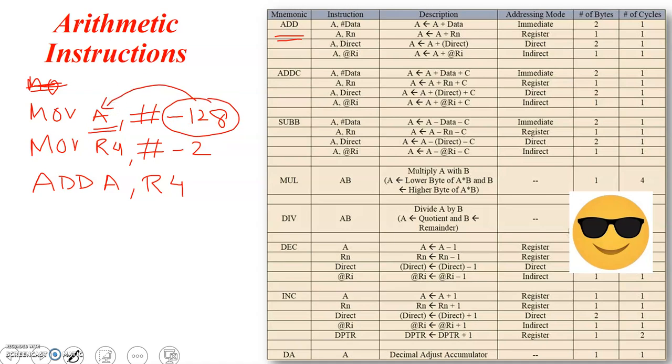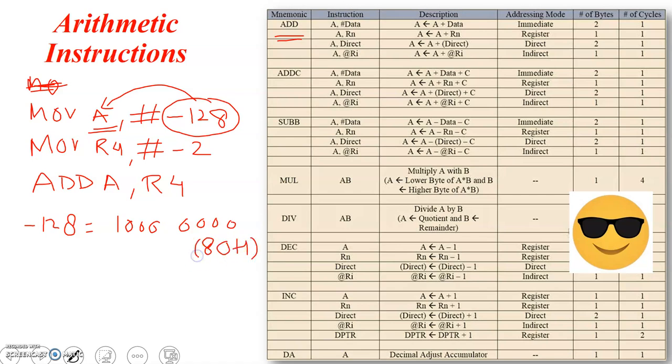Okay, so what is -128? -128, if I write it in binary form, is 1000 0000, or in hex it would be 80H.